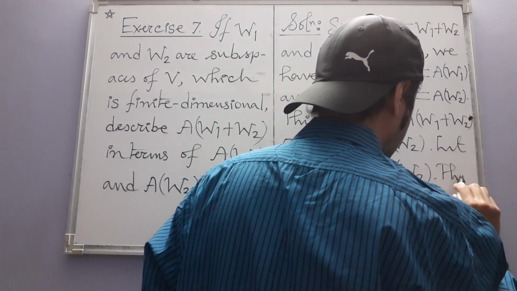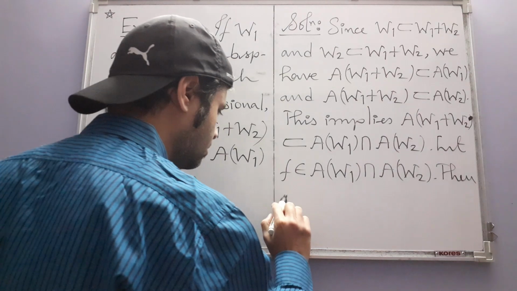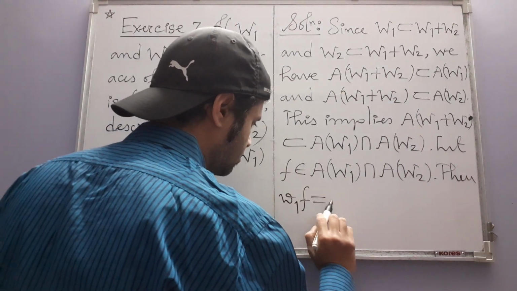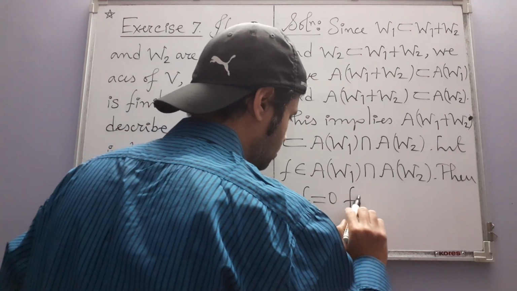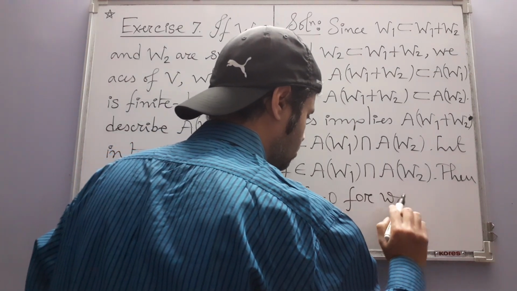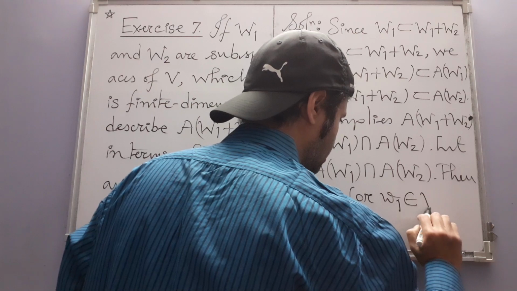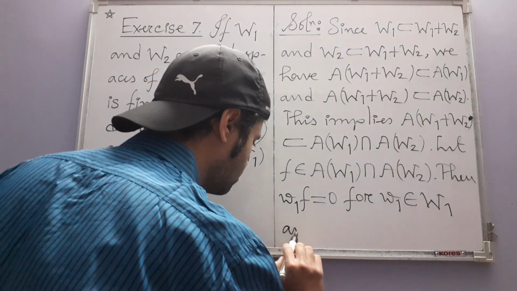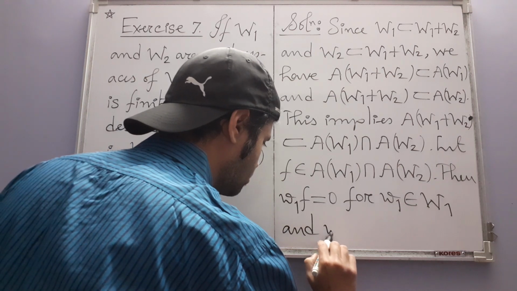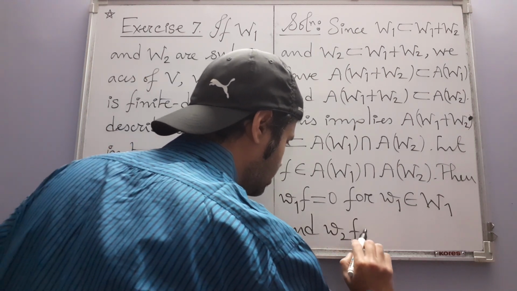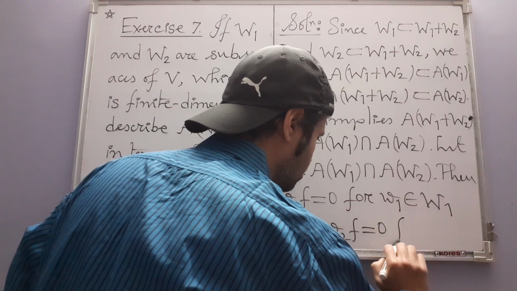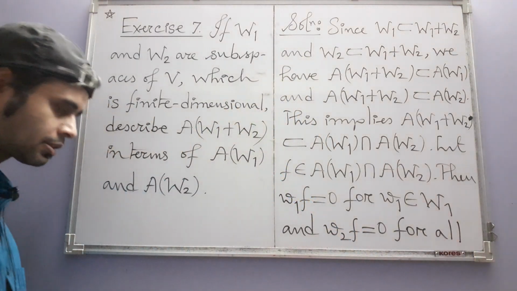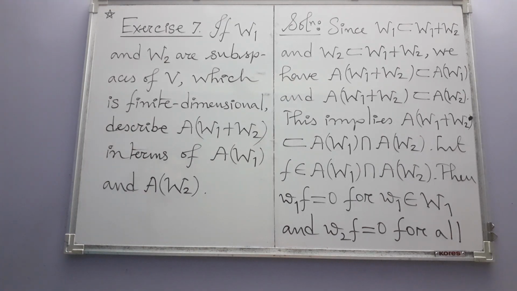So we write then w1F is equal to 0 for all vectors w1 coming from W1, and like that w2F is equal to 0 for all vectors coming from W2.